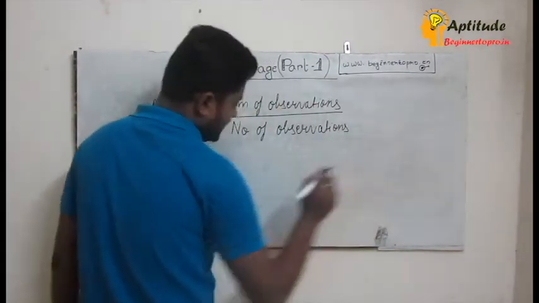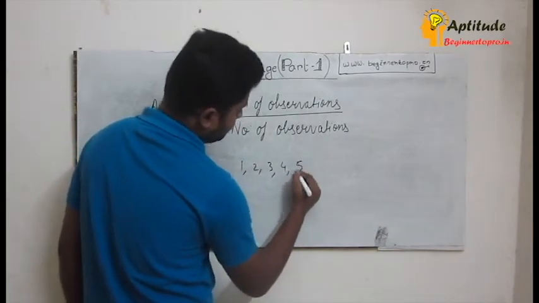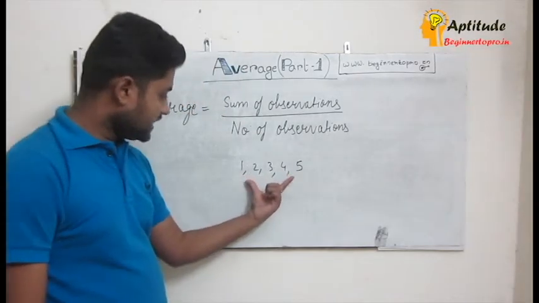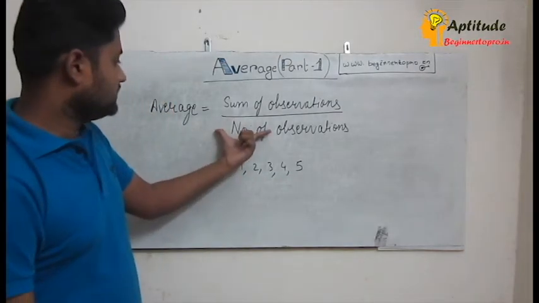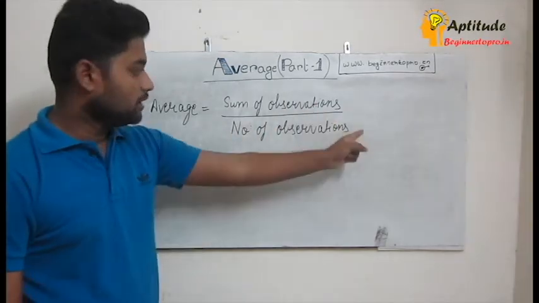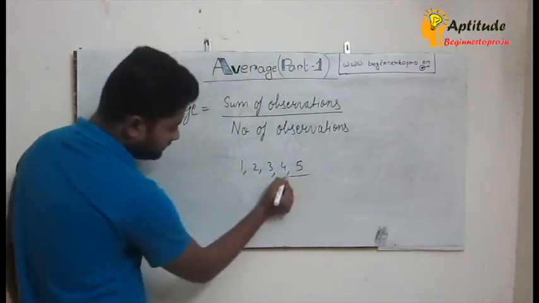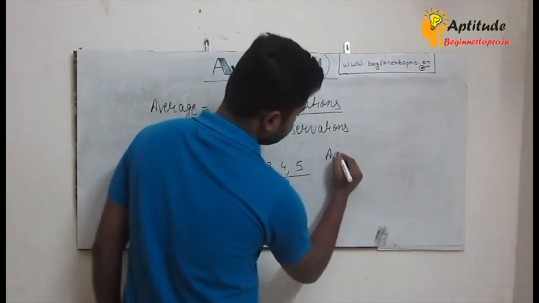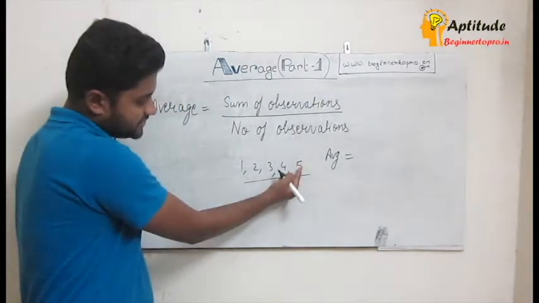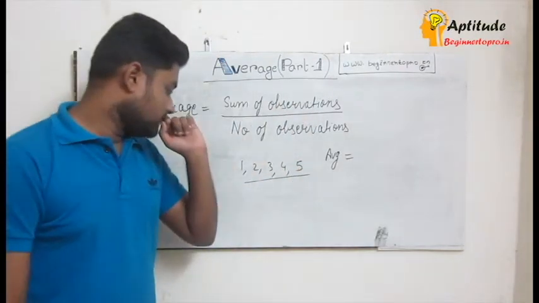Let us suppose we have five numbers: one, two, three, four, five. What will be the average of these five numbers? To find it, use this formula: average equals sum of observations by number of observations. So the average will be the sum of these five observations upon the total number of observations.